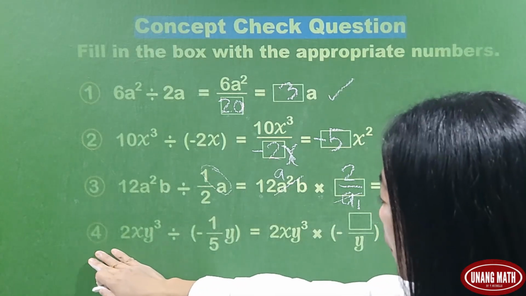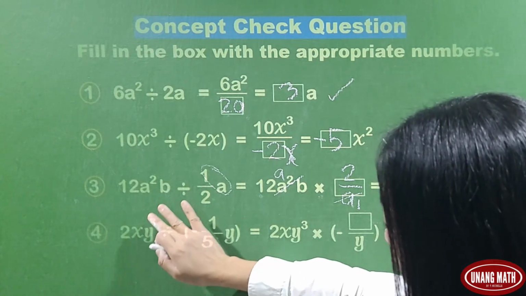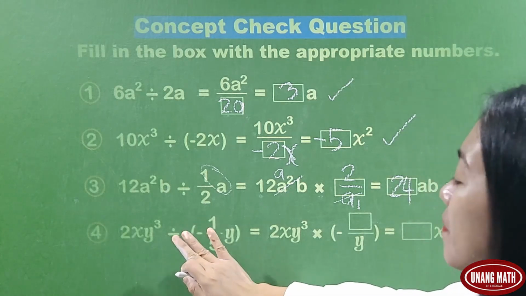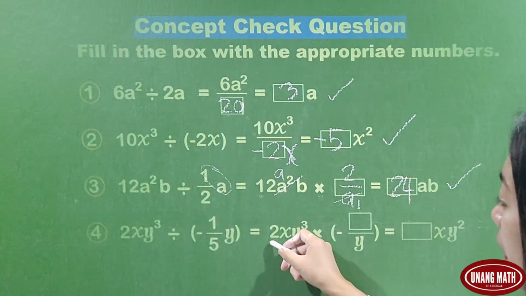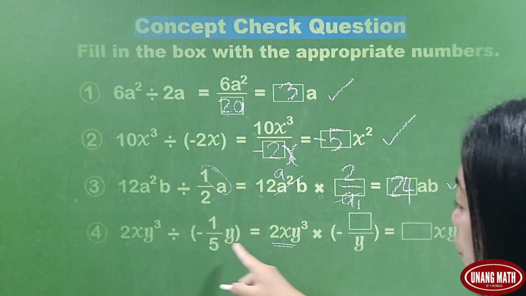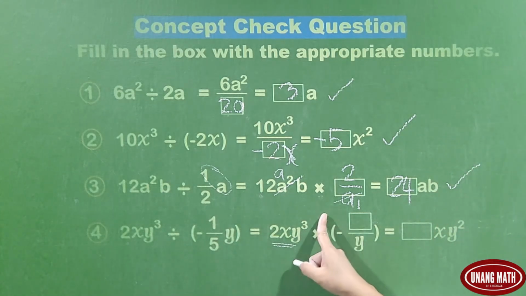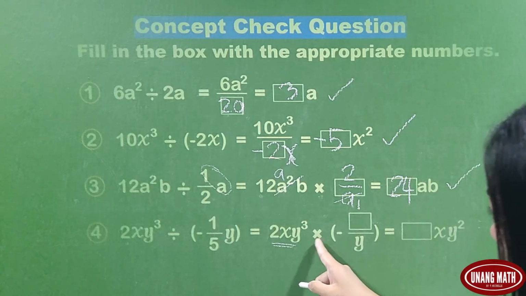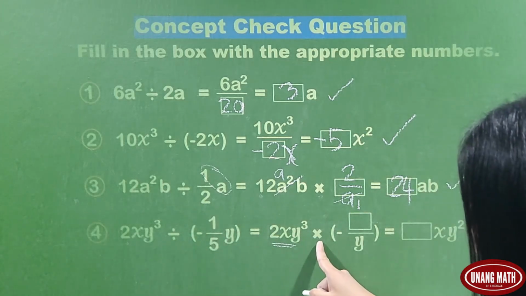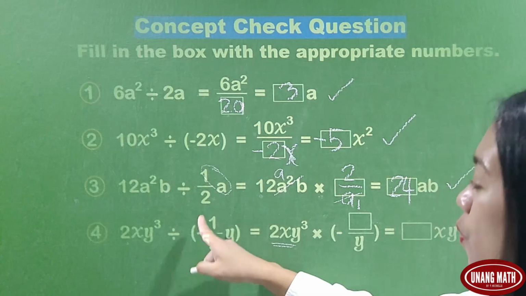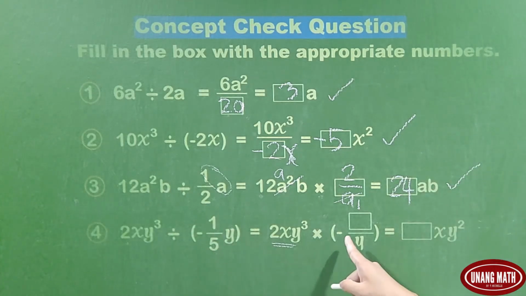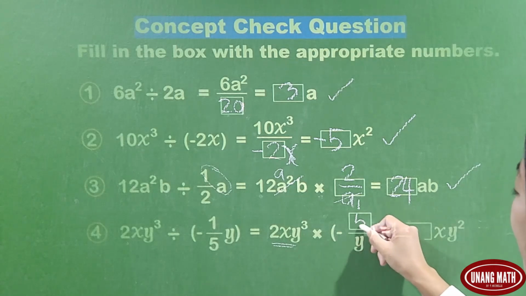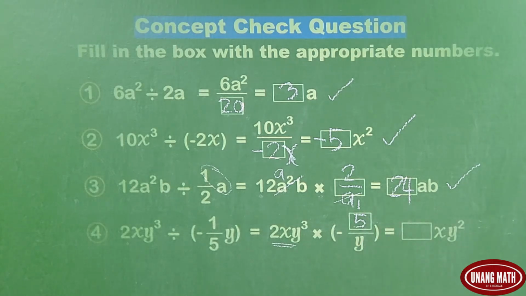For number 4, we have 2xy raised to the power of 3 divided by negative 1 over 5y. Now copy the first monomial, 2xy raised to the power of 3. Using reciprocal, division becomes multiplication. This is negative 1y or negative y over 5. So get the reciprocal, it's going to be negative 5 over y.